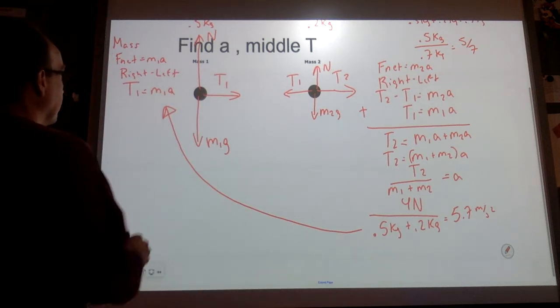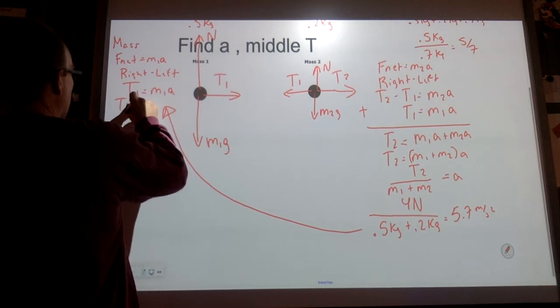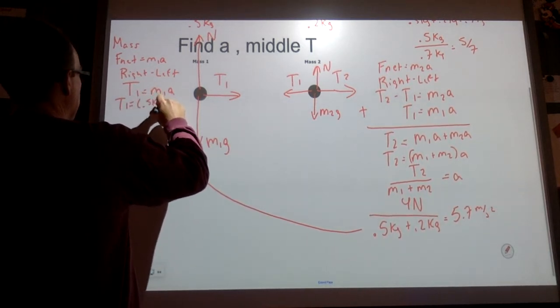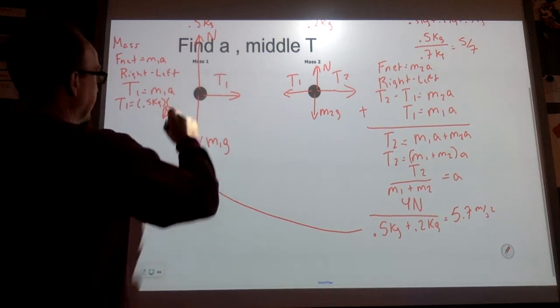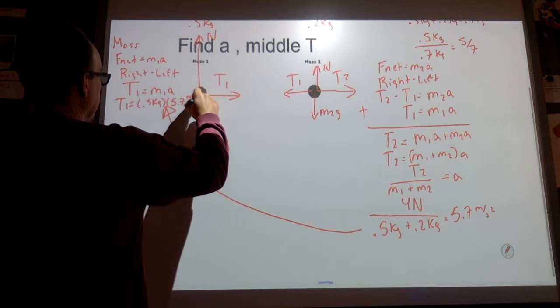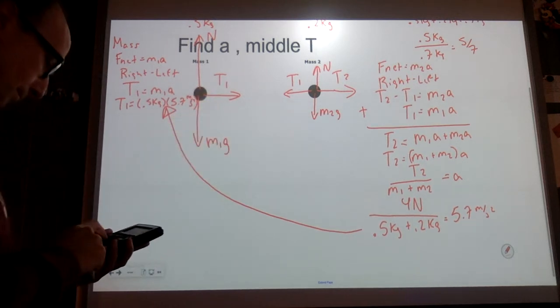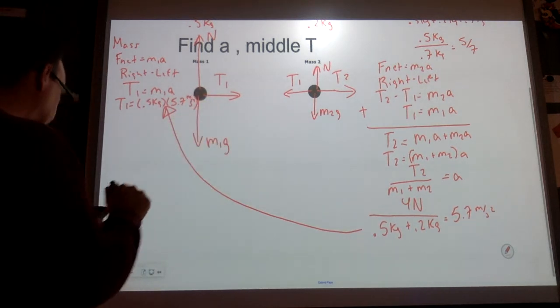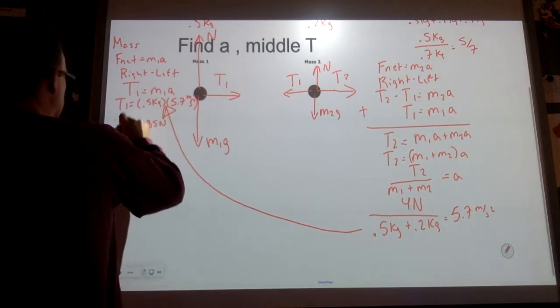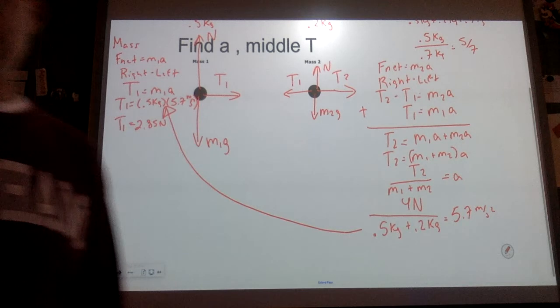So I know T1 equals m1a. So T1 is going to be equal to 0.5 kilograms times 5.7 meters per second squared, which is 2.85 newtons. All right, what did I say it was originally?